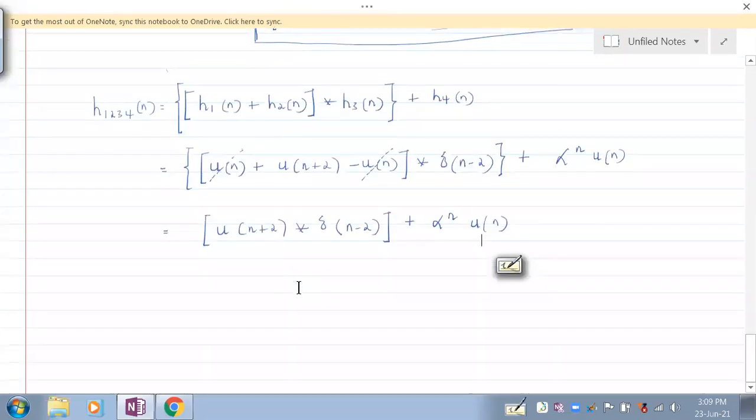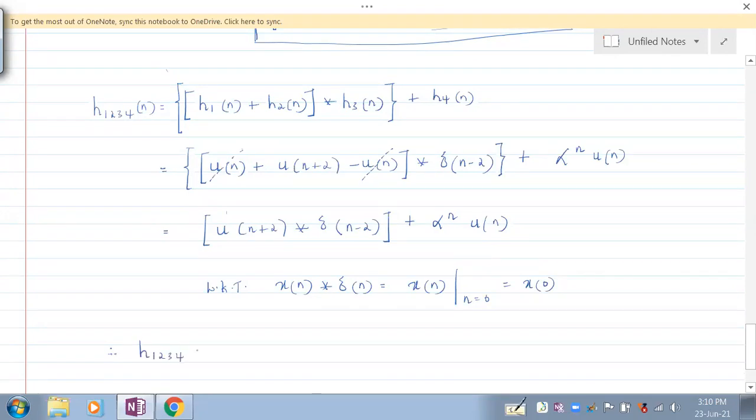So we know that x of n convolved with delta of n is x of n evaluated at n equal to 0, so it is x of 0.